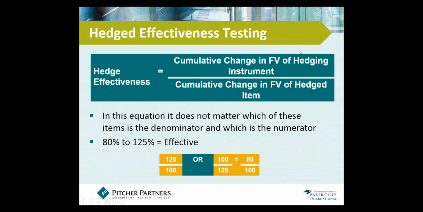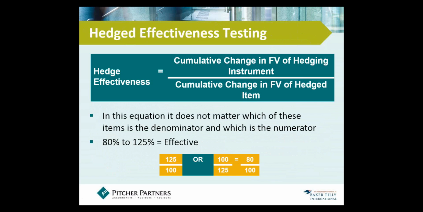So if we look at hedge effectiveness testing, hedge effectiveness is calculated as the cumulative change in the fair value of the hedging instrument divided by the cumulative change in the fair value of the hedged item. Now, interestingly enough, I can never remember this formula, and in this equation it does not matter which of these items is the denominator and which is the numerator, because they say hedge effectiveness is effective if it's between 80% and 125%.